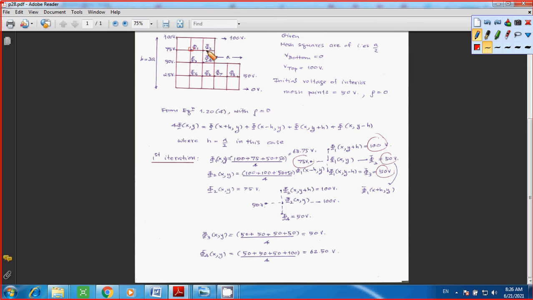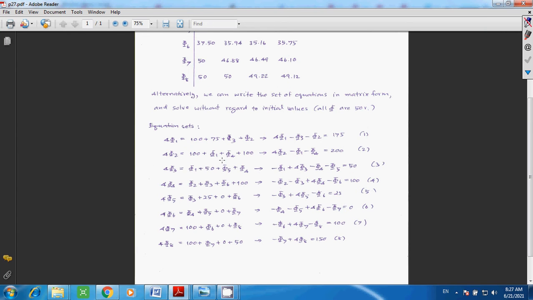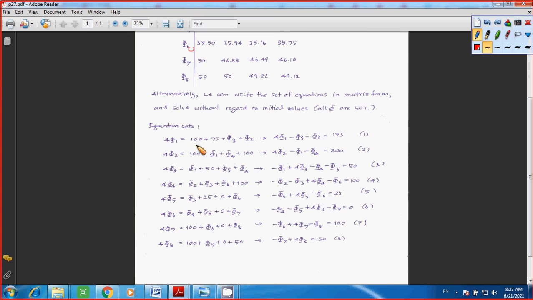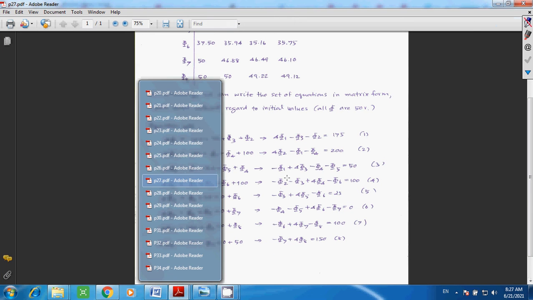Since you have 8 unknowns, you need 8 equations, which I wrote down right here. So you have one for phi1, one for phi2, and you set up a matrix to solve for phi1 to phi8.